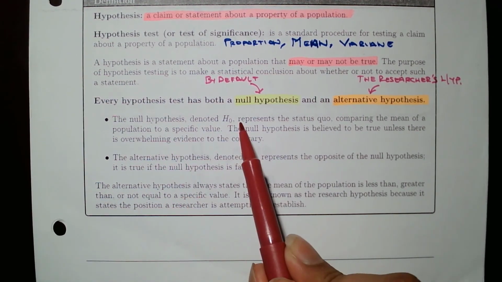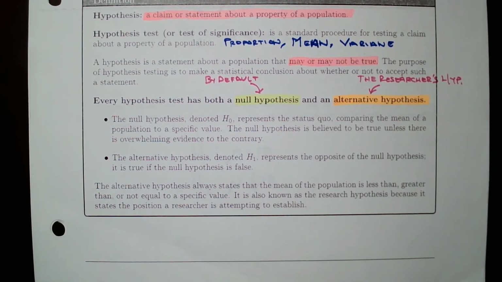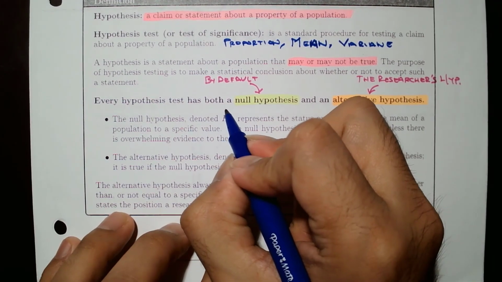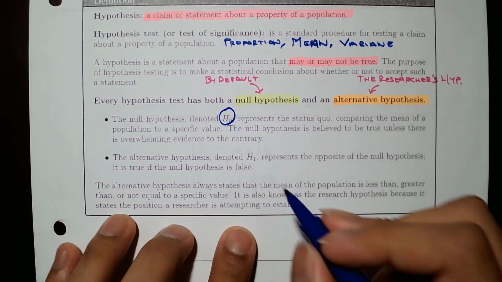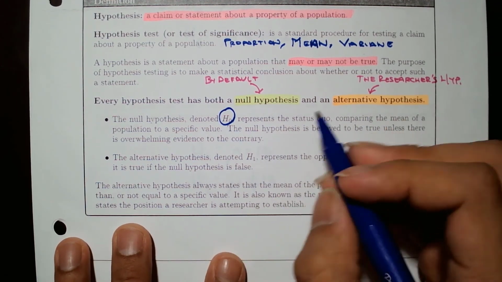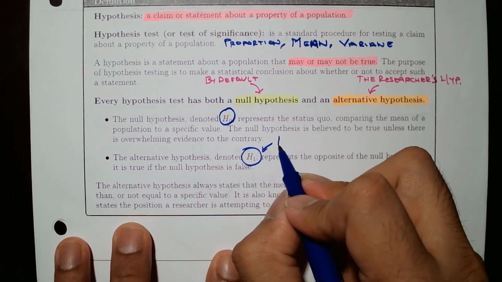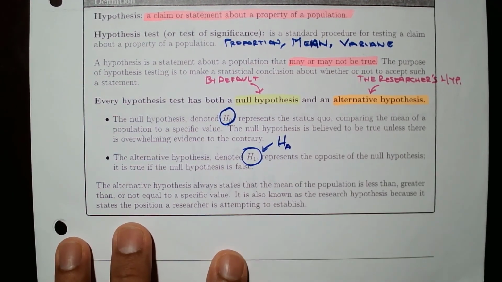Well, the null hypothesis, which is denoted H0, right? No, not that one. H0. And the alternative hypothesis denoted H1. Also this is HA for alternative.